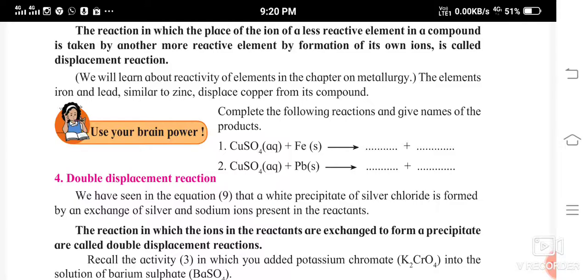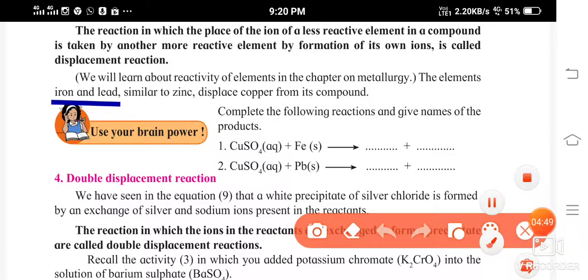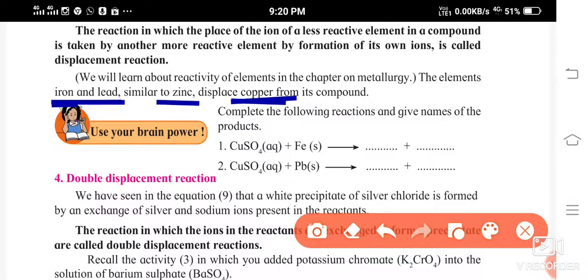Just like how zinc displaces copper, iron and lead are also going to displace copper from its compounds. Why? Because iron and lead are more reactive than copper.